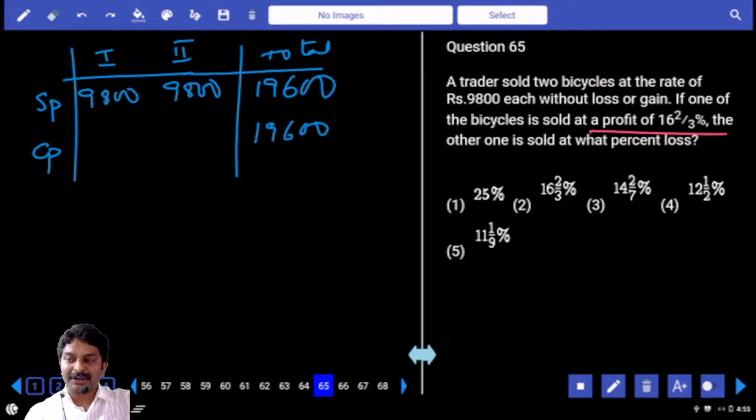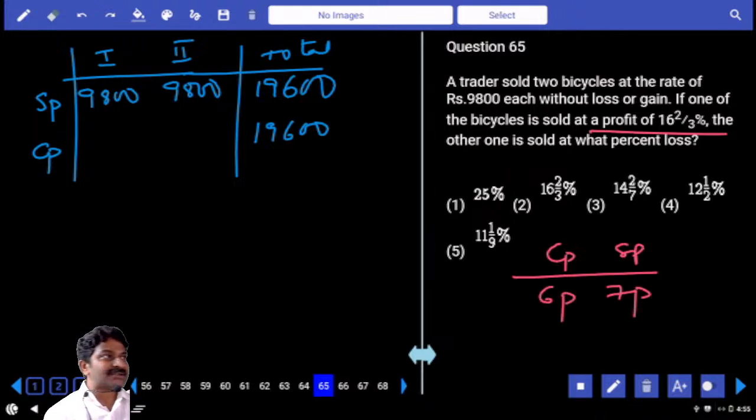One item already sold at a profit of 16.2/3%. Can we treat it as 1/6? So 1/6 profit is there. That means if the cost price is 6 parts, selling price is going to be 7 parts. One of the items, I'll take it as first item. First item selling price, we know that is 9,800.